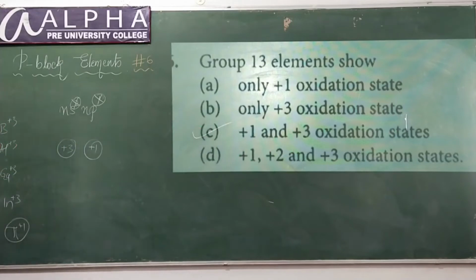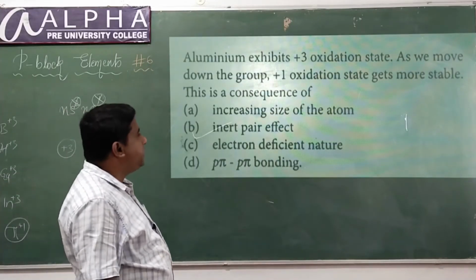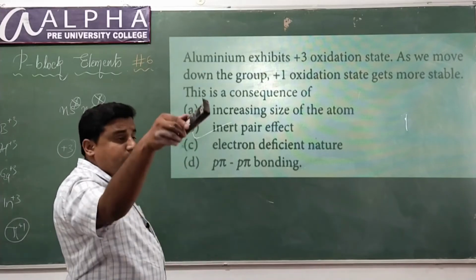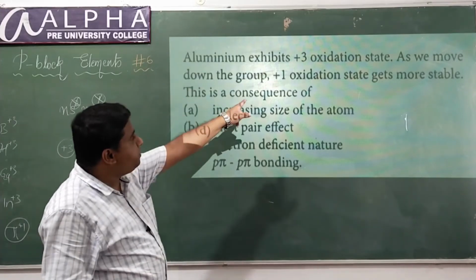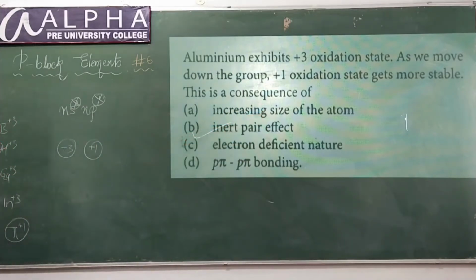Next question. Aluminium exhibits +3 oxidation state. As we move down the group, the +1 oxidation state gets more stable. I told you here, boron, aluminium, gallium, indium exhibit the +3 oxidation state, whereas thallium will exhibit the +1 oxidation state.